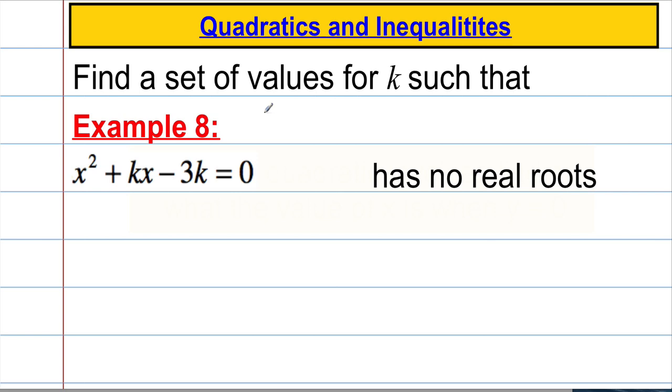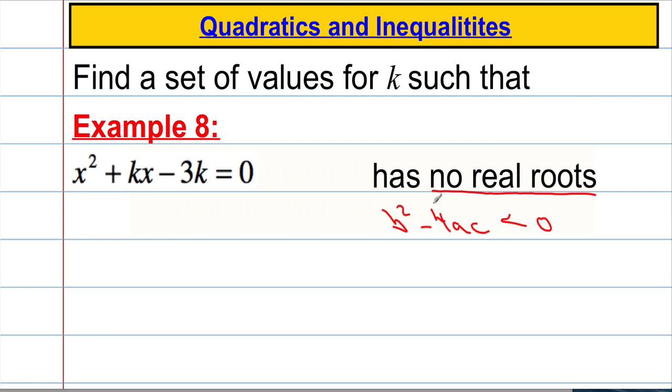Another one of a similar type, find a set of values for k such that this quadratic here has no real roots. Well, if it's got no real roots, that means that b squared minus 4ac must be less than 0.